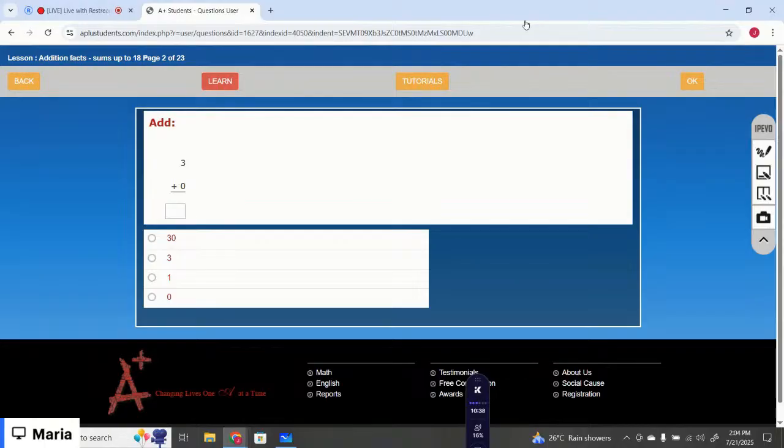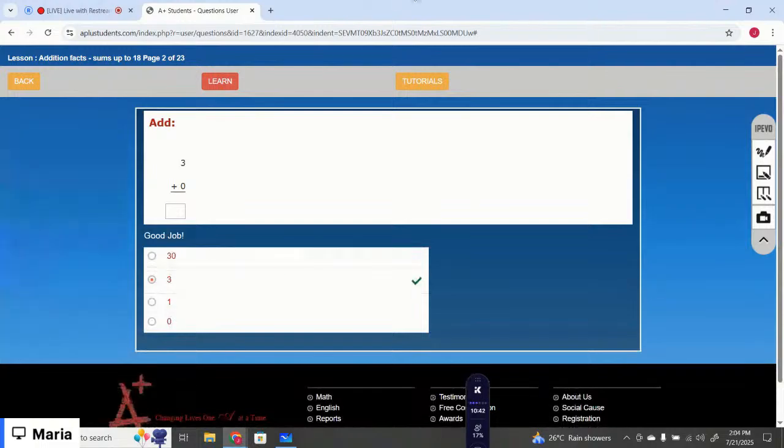So 0 plus 3 means 3. Option number 2 is the correct option. Adding 0 means the number stays the same.